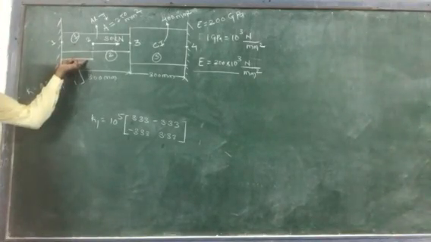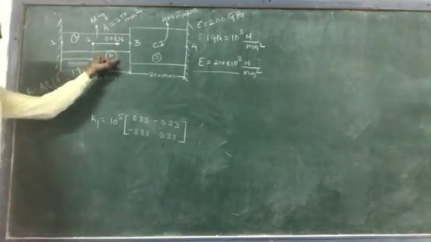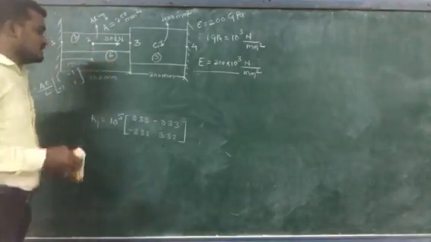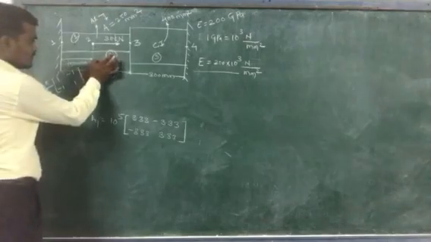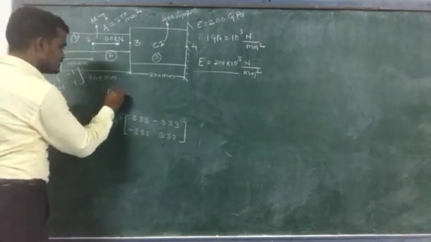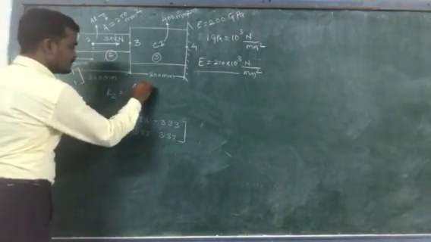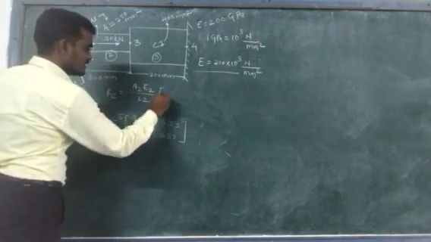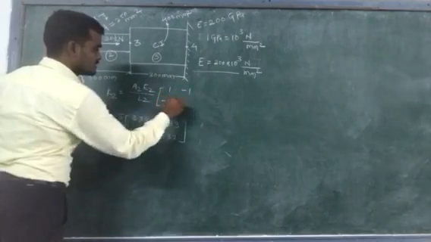Now we will apply our same formula to the second element, to find out the second elemental stiffness matrix. Now K2 is equal to A2 E2 divided by L2 in bracket 1 minus 1, minus 1 1.